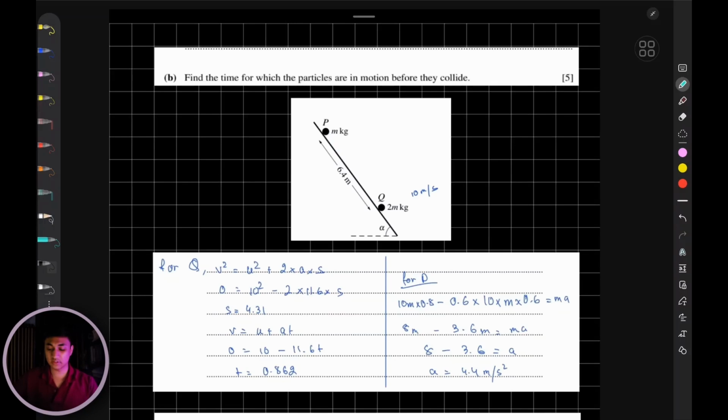In reality, what is happening in this scenario is P is falling down, Q is moving up, but since Q is decelerating, it's going to reach velocity 0 meters per second at some point over here, while P falls down. And from this point onwards, Q is going to accelerate downwards.